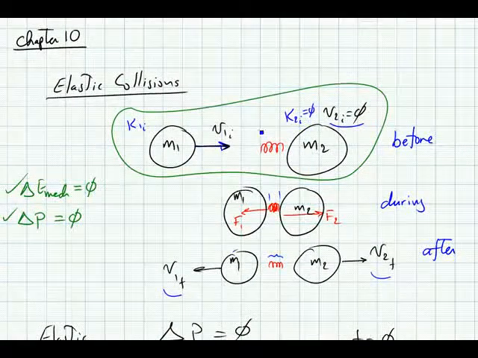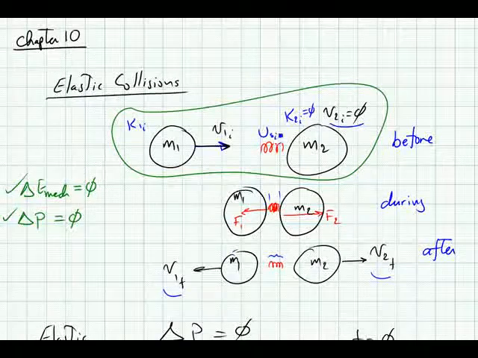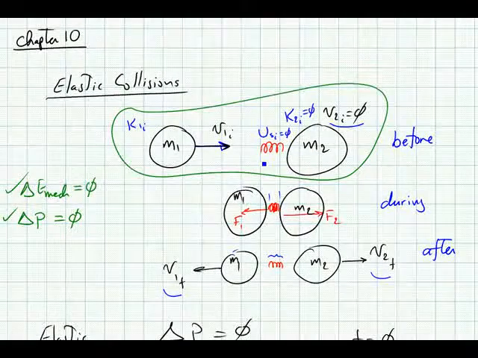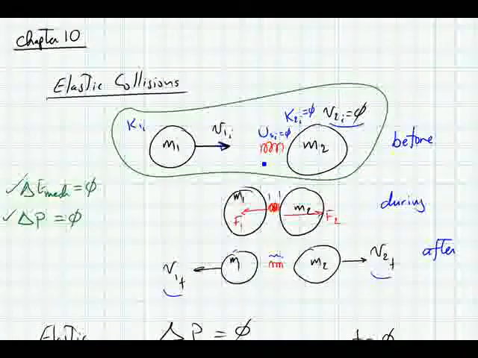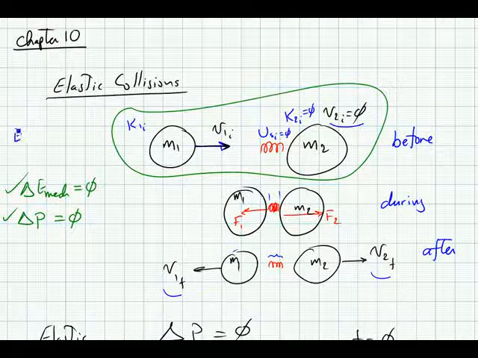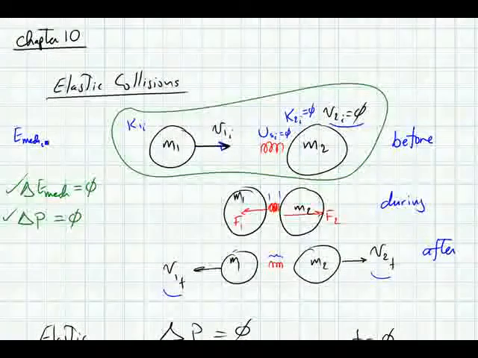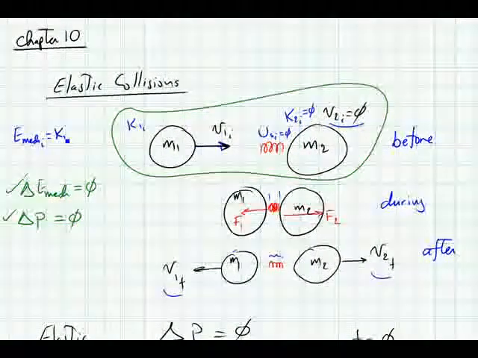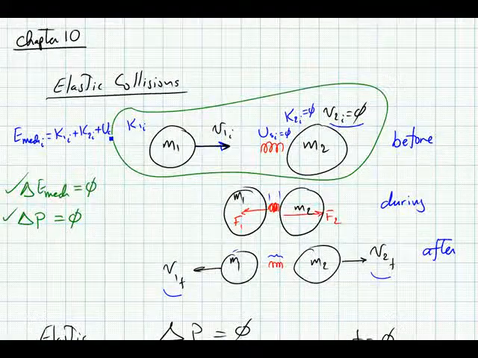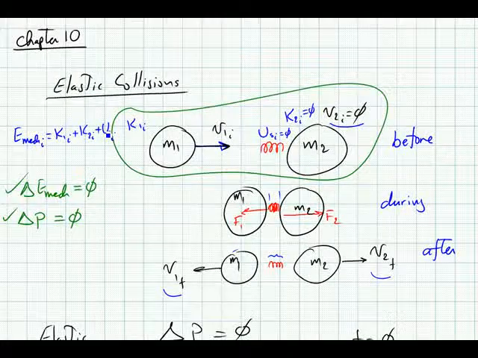And of course we have spring potential energy initial, which is also 0 because our spring is neither compressed nor stretched. Therefore, total mechanical energy initial, E mechanical initial, is simply K1I plus K2I plus USI.